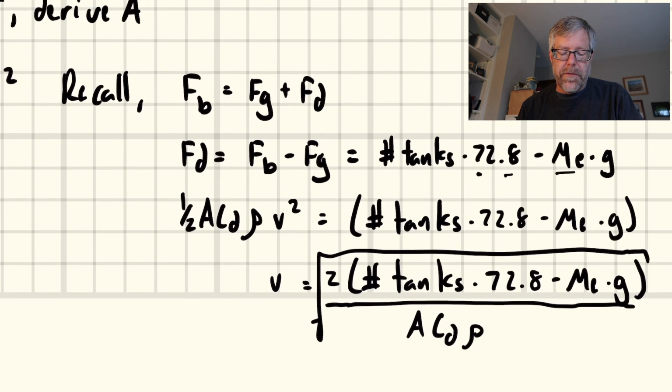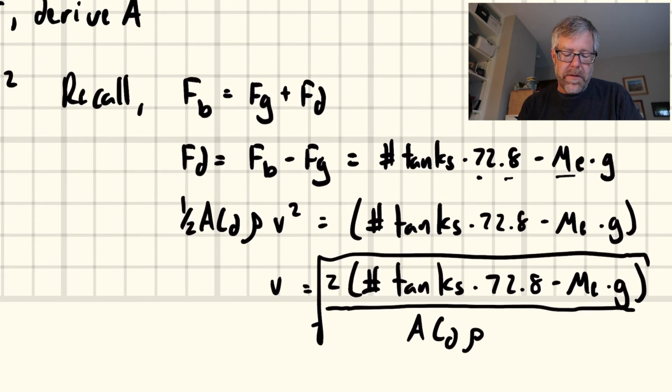If you solve for the velocity, it's equal to this equation here. With this equation, we can solve for the velocity of the balloon. The velocity depends on the tanks of helium we've put in, the mass of everything, gravity, the area of the balloon, the drag coefficient of the balloon, and the mass density of the atmosphere.